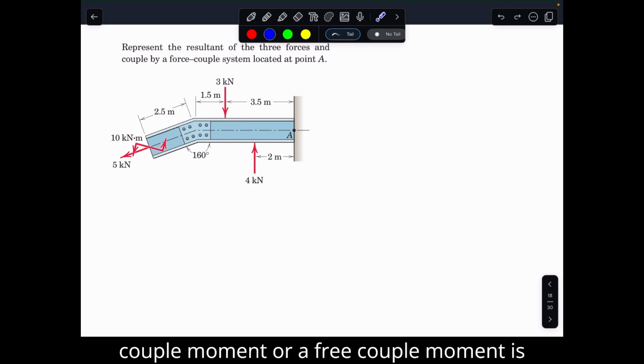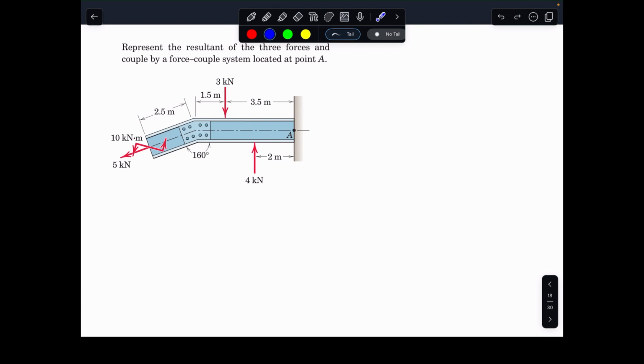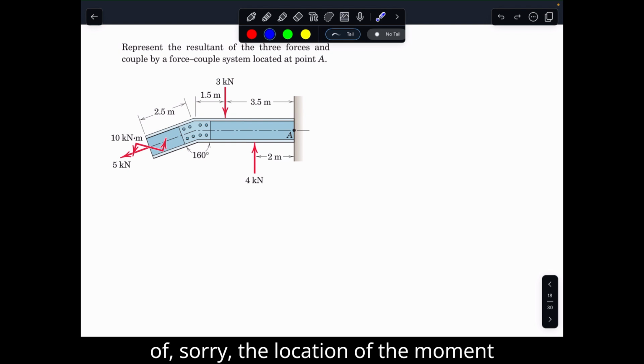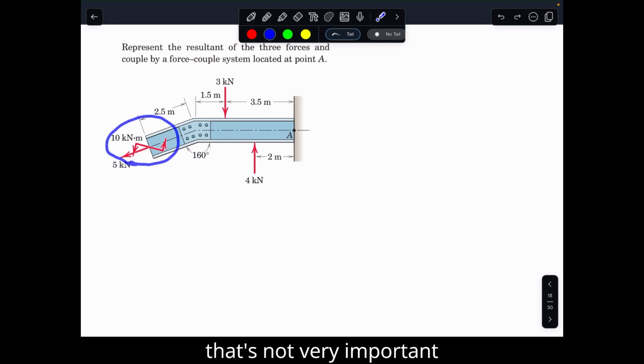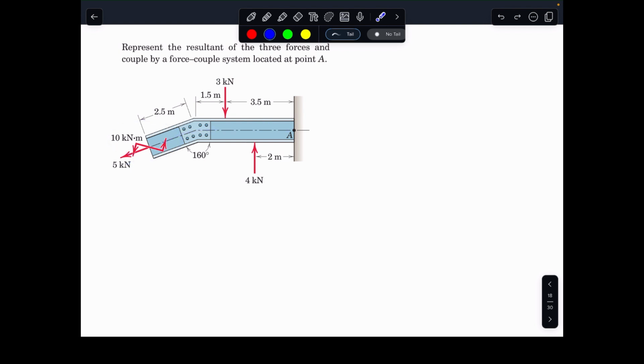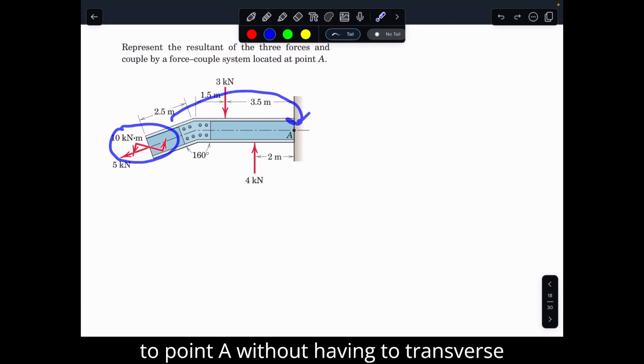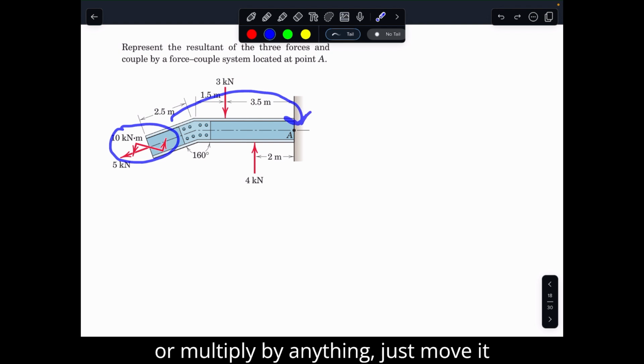A couple moment, or a free couple moment, is a moment that applies onto a certain system, which means the location of the moment is not really important because it applies to the entire specimen. So we can easily move this couple moment to point A without having to transverse or multiply by anything, just move it from there to here.